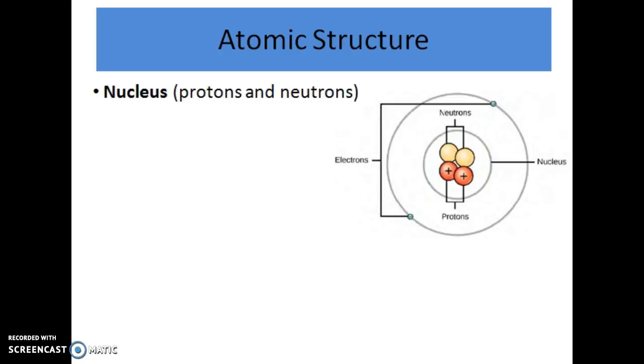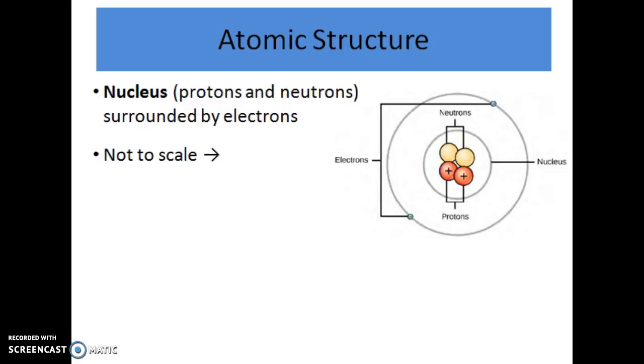So right in the middle, we call that the nucleus. And the nucleus contains the protons and the neutrons. So those big subatomic particles are concentrated right there in the middle. We can see then that around that is where the electrons are going to be found. So in the middle, we have the nucleus, and then on the outside, we have the electrons.